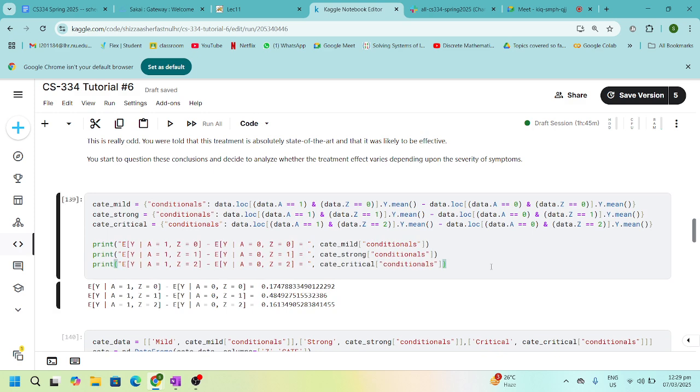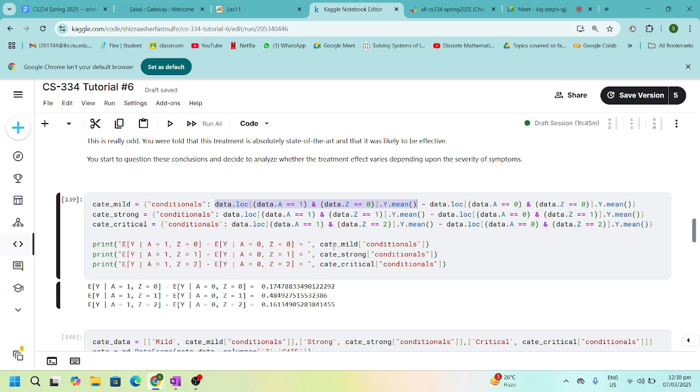Anyway, let's see. Now I'm going to find the conditioned average treatment effect across three different classes of symptoms. Either my symptoms are mild or they're strong or they're critical. So let's see what I have done over here. Let's look at just this particular piece of code. What does it give me?